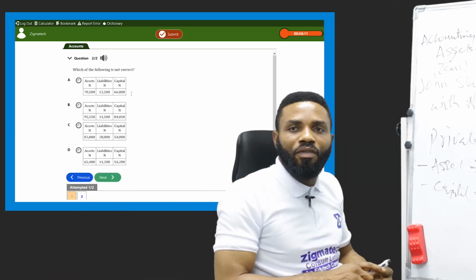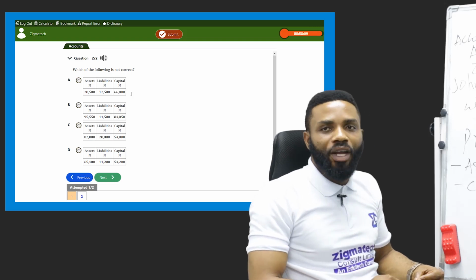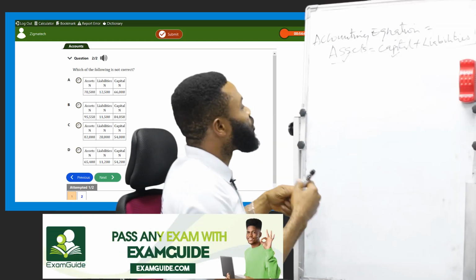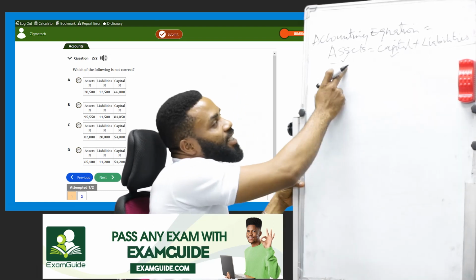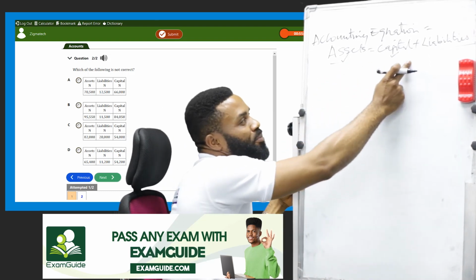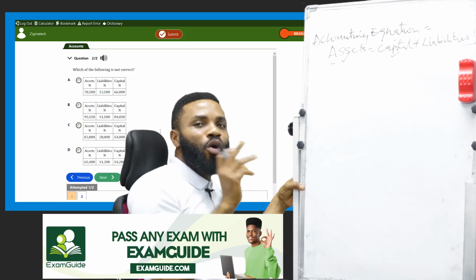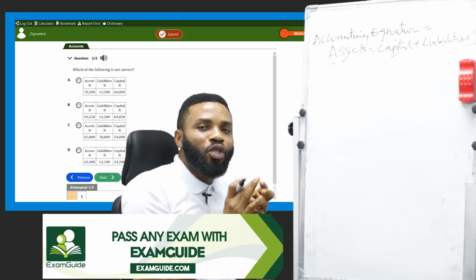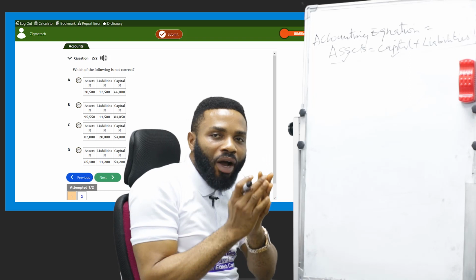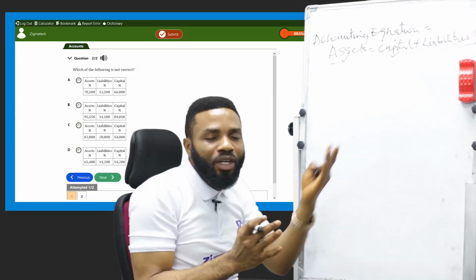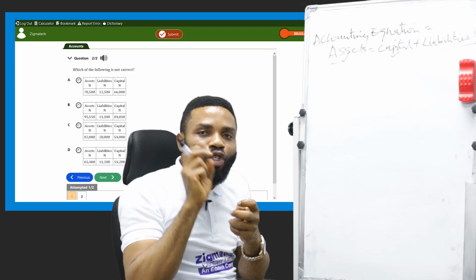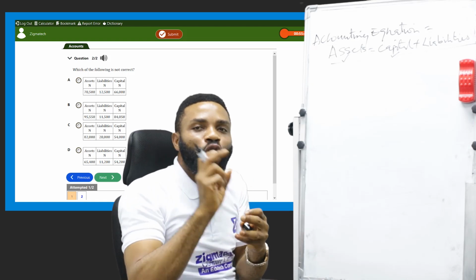Let's look at the second question. All right, they said, which of the following is not correct? We have said that asset is equal to capital plus liability. So what we are going to do, we are going to use our mathematical tool, the calculator, or we can simply manipulate it on the board to find out which of this is not correct.